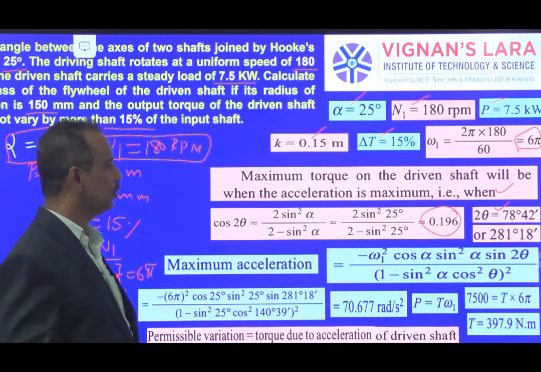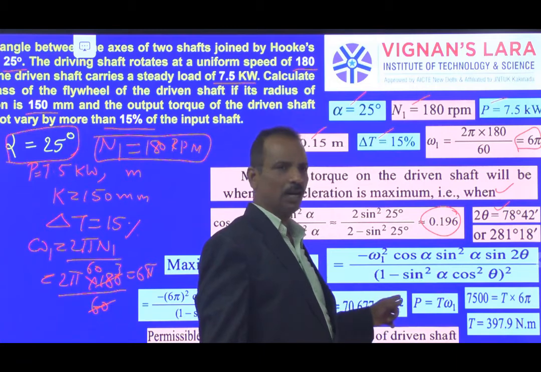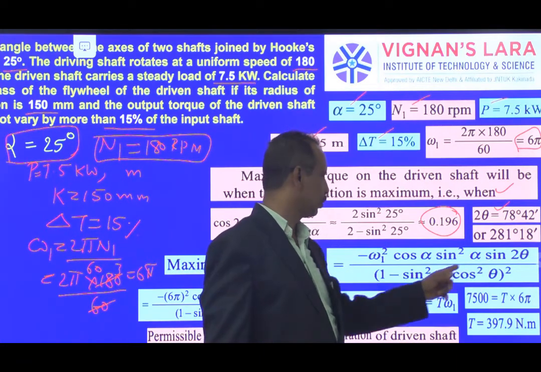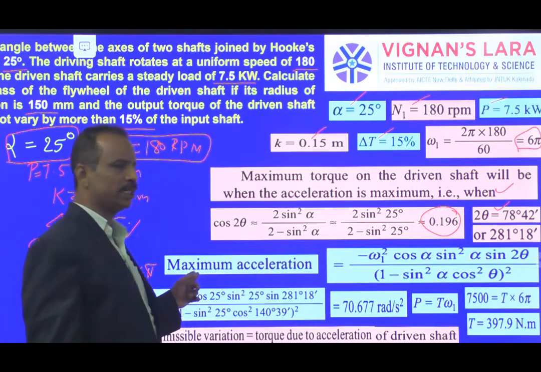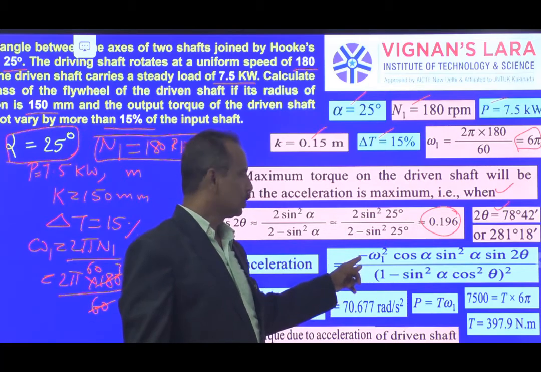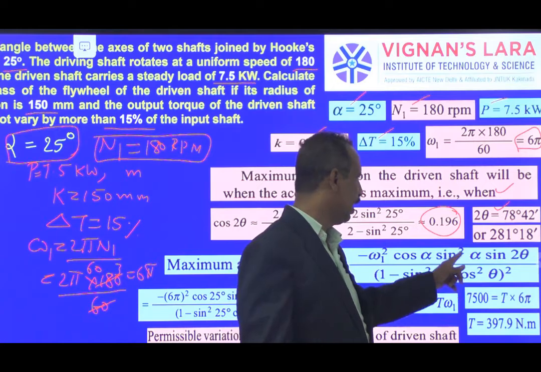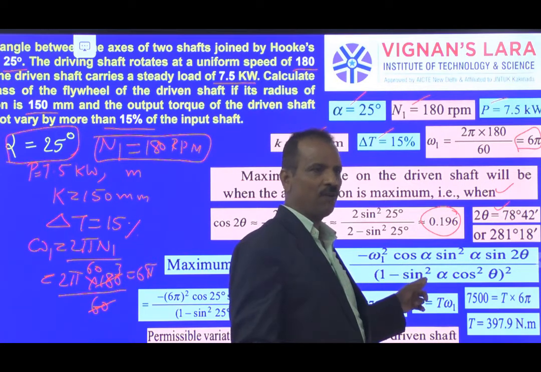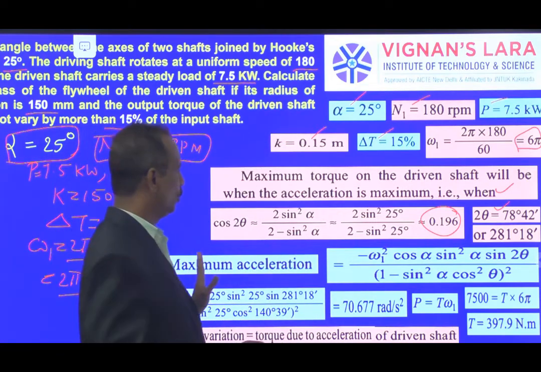For that you can easily identify in this equation, in the denominator: 1 minus sin square alpha cos square theta whole square. So when maximum acceleration takes place, here already one minus sign is there. If you have minus into minus, then only you get the plus value. Cos alpha, cos 25 degrees, is a positive value.